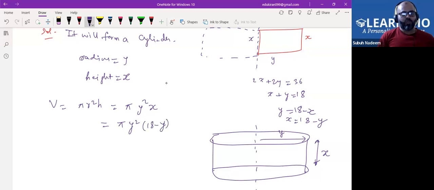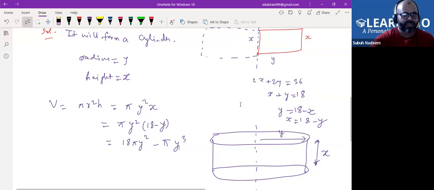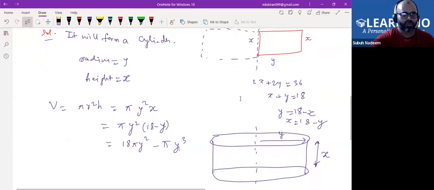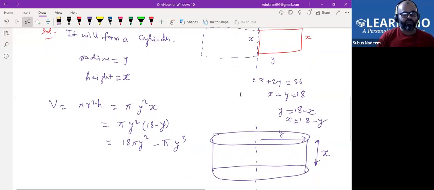So this is the volume of the cylinder. Now this is 18 pi y square minus pi y cube. So this is the volume. First write till here and try to solve further.